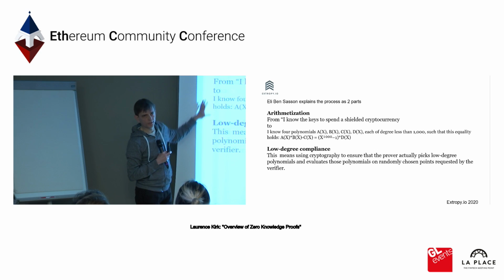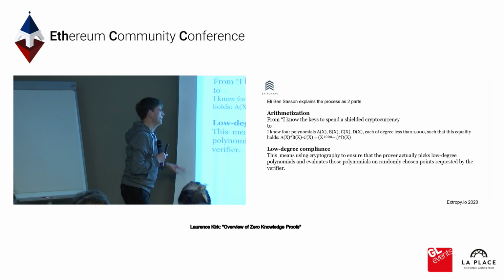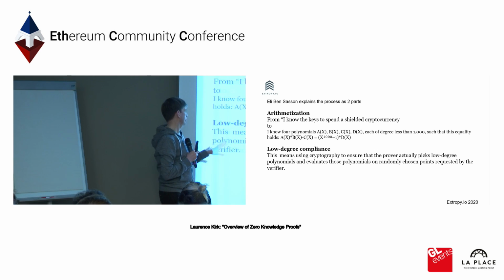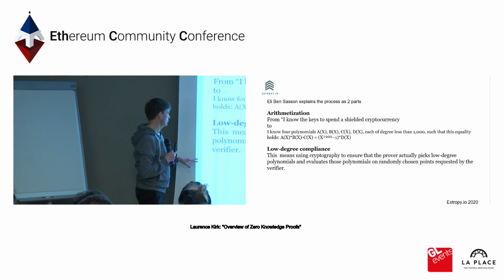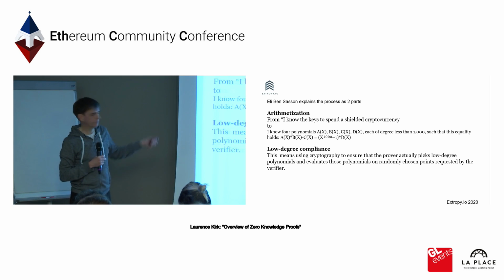So that's one part, the mathematical representation part of this process. And then to stop the prover or the verifier cheating, we have the compliance idea that we're picking points on these polynomials that are chosen randomly for the verification. So it's really just another way of thinking about the previous slide.